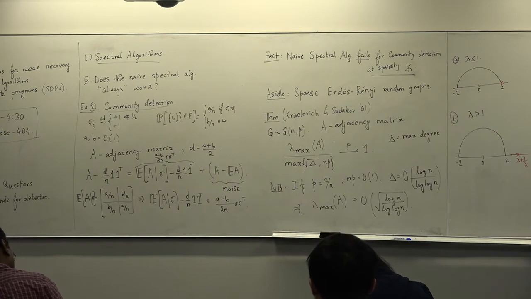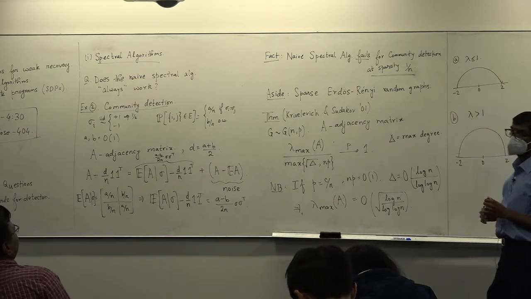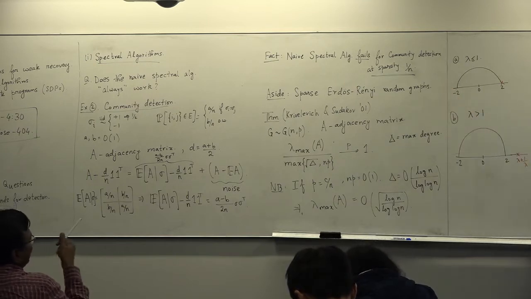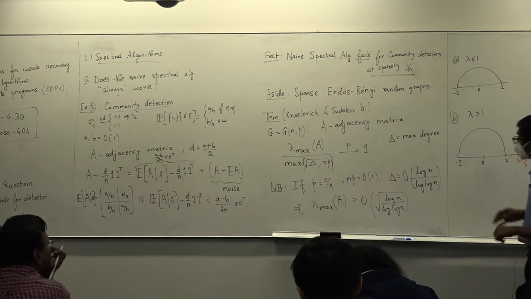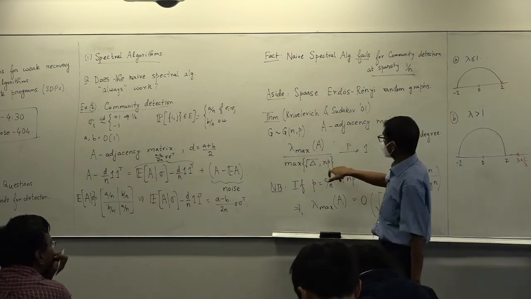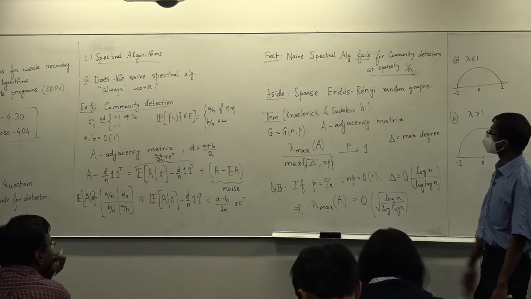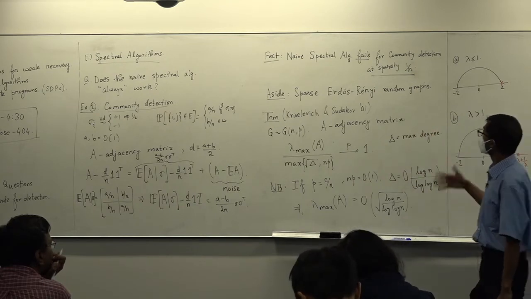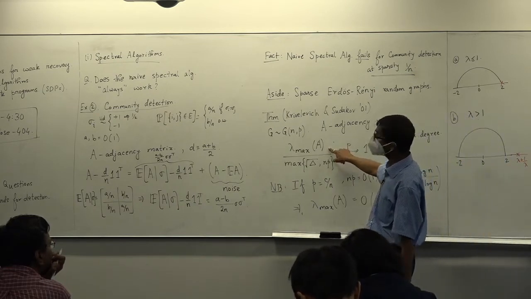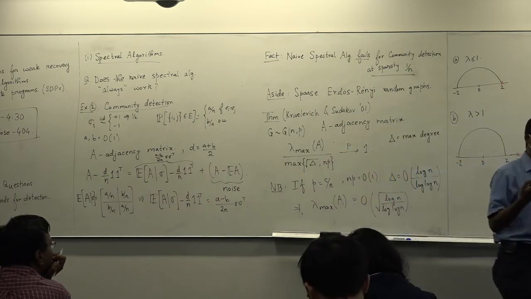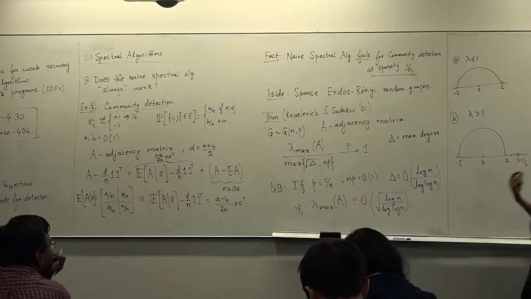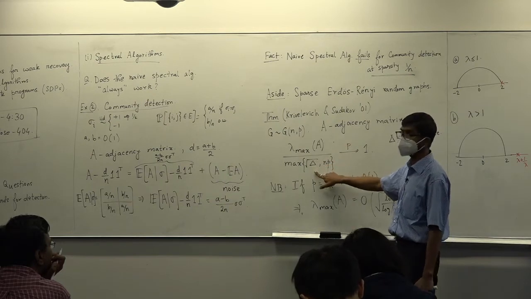Okay, so at this point you might ask, what does this have to do with the failure of the spectral algorithm for community detection? What is the connection? If you squint at the proof of Krivelevich and Sudakov, not only do they characterize the behavior of the top eigenvalue, they actually explain why it behaves in this way.